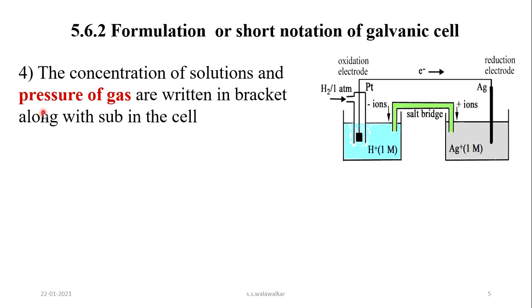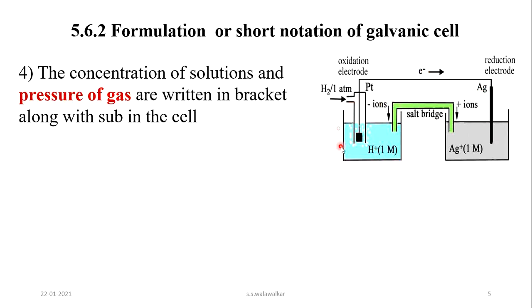Then another one, that is concentration of solution and pressure of the gas. If gas electrode is there, then you have to write the pressure of the gas in parenthesis along with the substance. So see here, this is the galvanic cell and in this galvanic cell hydrogen electrode is connected with the silver electrode.